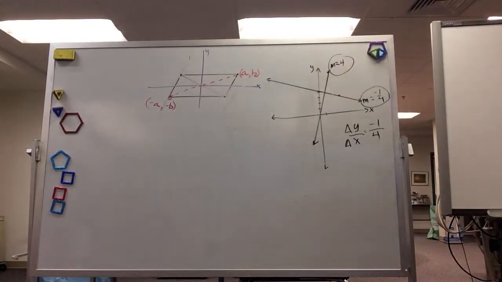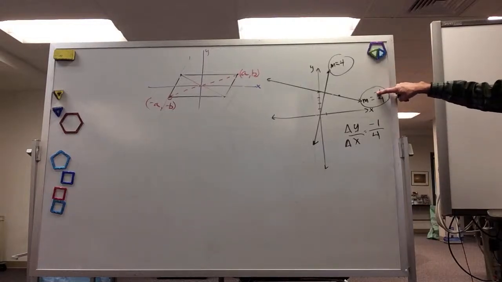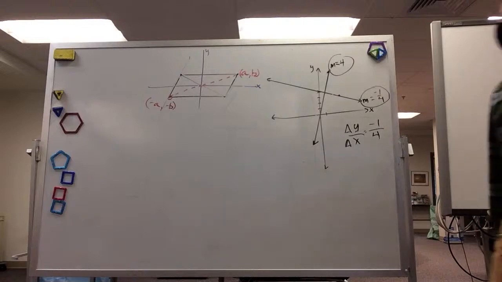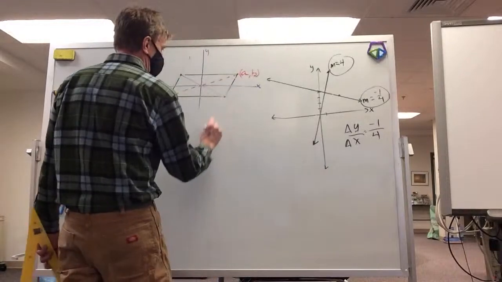So when two lines intersect one another at a 90-degree angle, what's the relationship between their slopes? So negative 1 over that number. Negative reciprocal. Well, this is a negative number, and a 4 and a 1/4 are reciprocals, so they're negative reciprocals. So why do I tell you that?